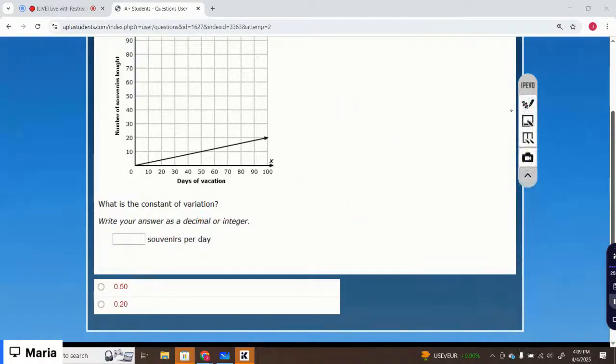That is option number two, 0.20 is the correct option.